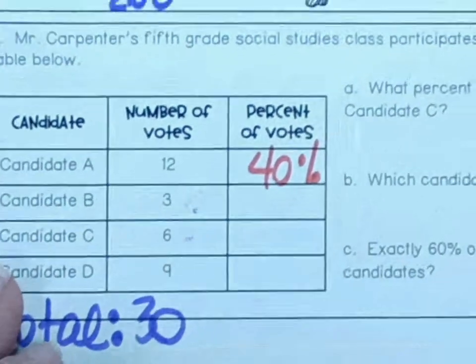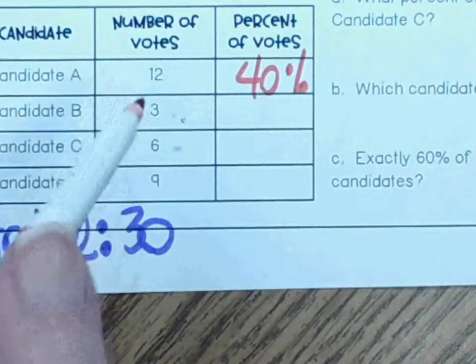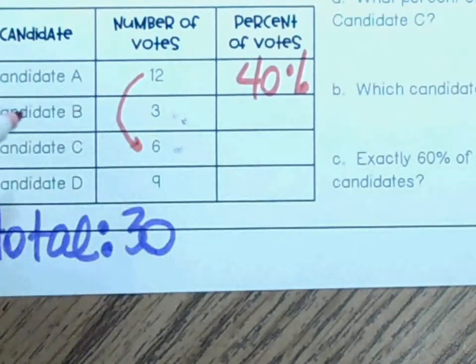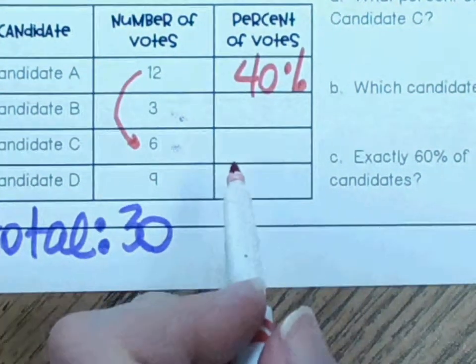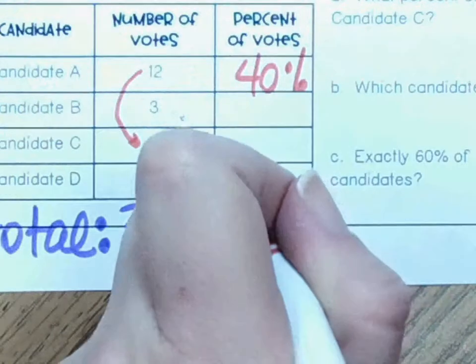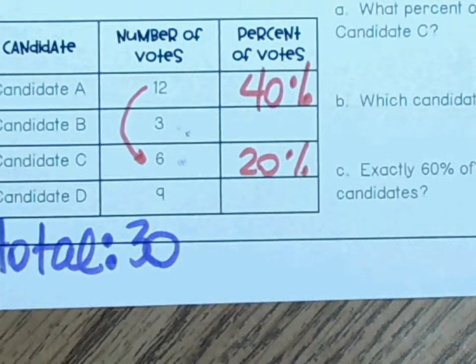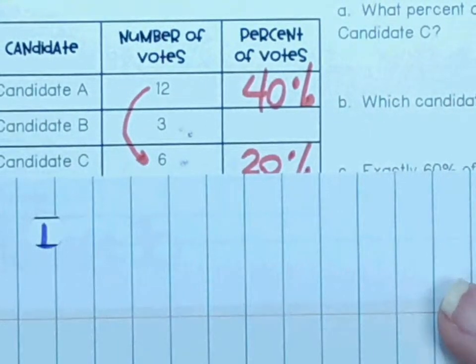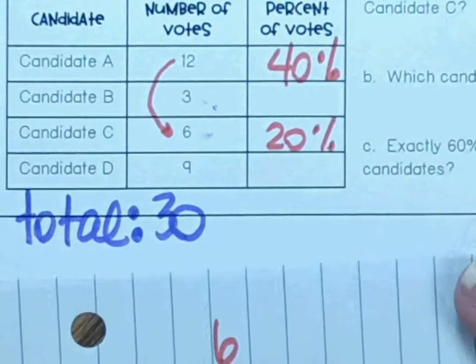Now, a very simple method for figuring this out: what is half of 12? 6. So what do you think the percent is going to be for candidate C? 20. Let's check that and make sure though real quick. 6 over, what was the total number? 30.